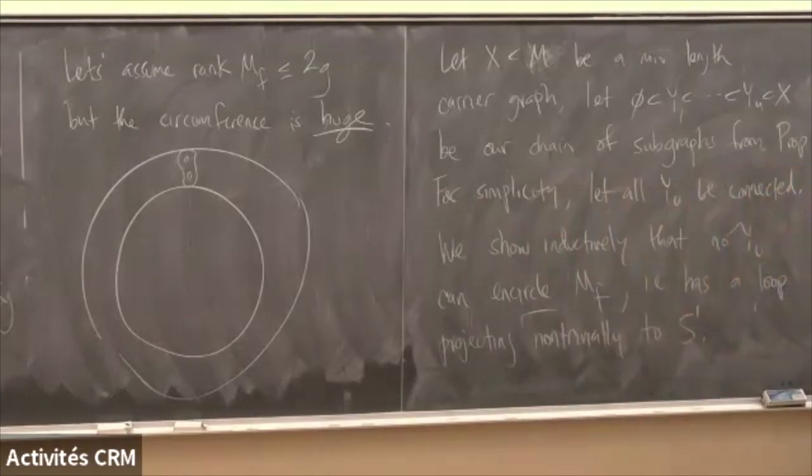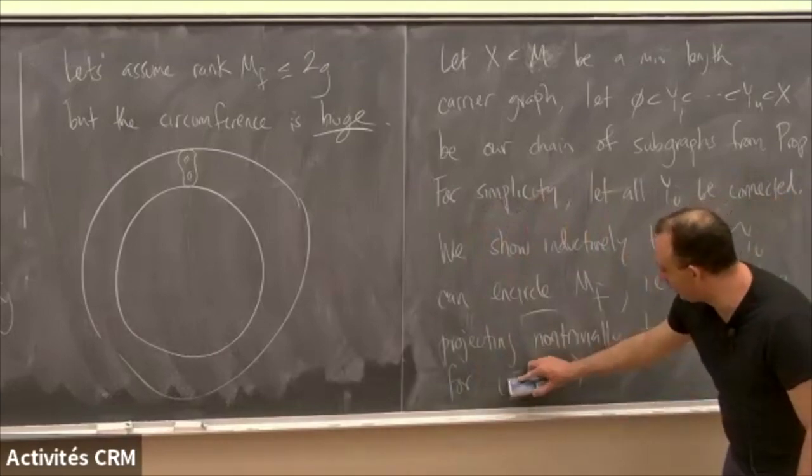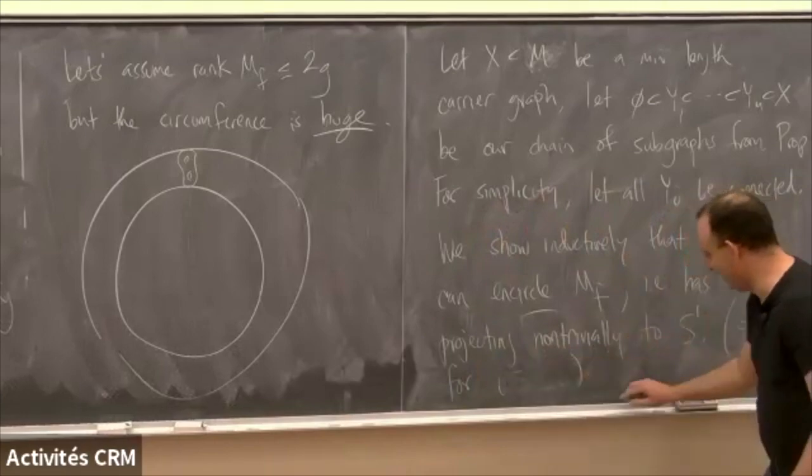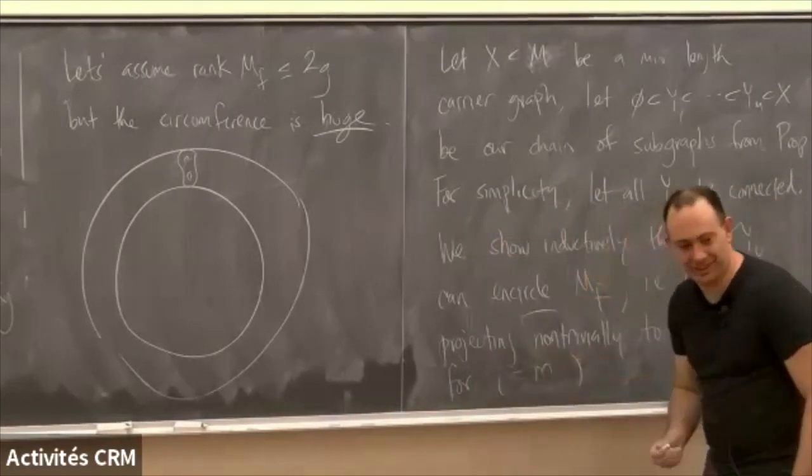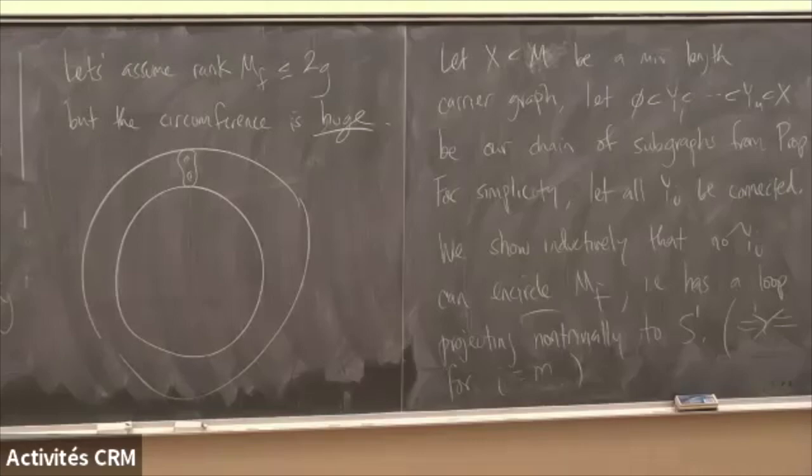If I can do this, then that's a contradiction when you set i equals m, because I know that X is a carrier graph, so X does go all the way around M. Oh, this is the lowercase m, sorry. Is that better? Yes, they do look the same.